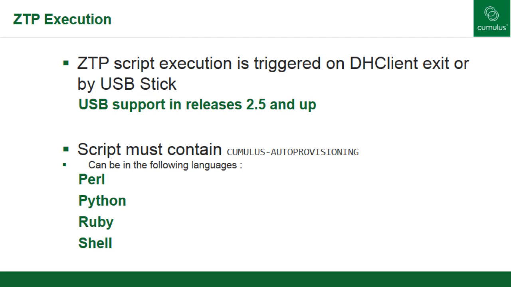The script must contain the line Cumulus-auto provisioning that basically tells the switch, yes, you are allowed to run this. That line can be commented out and probably should be commented out depending on which language you're using.